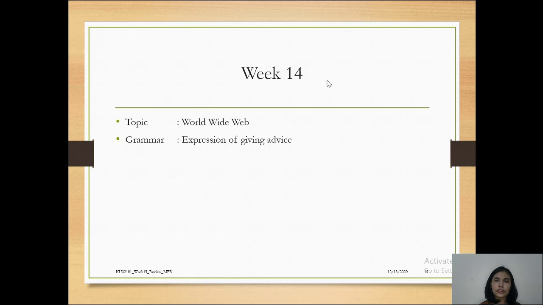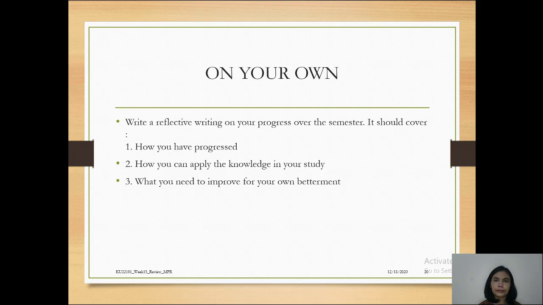So what are we going to do with all these materials? What I want you to do is write down a reflective writing on your progress over the semester. It should cover how you have progressed, how you can apply the knowledge in your study, and what you need to improve for your own betterment.